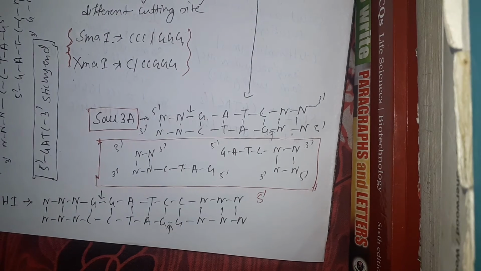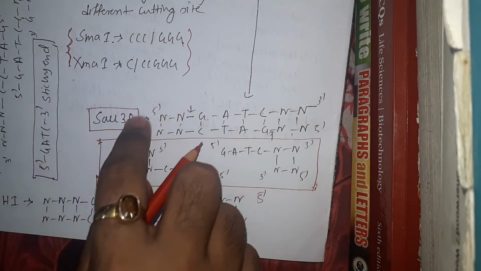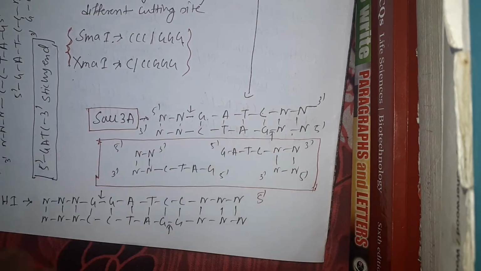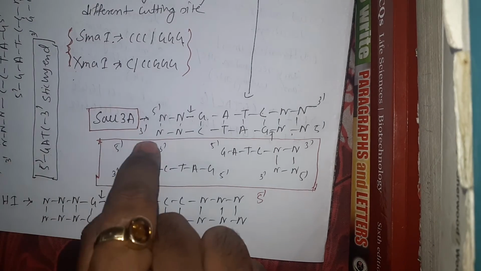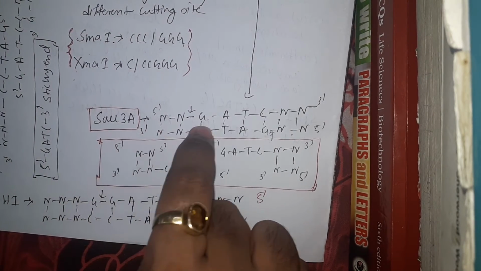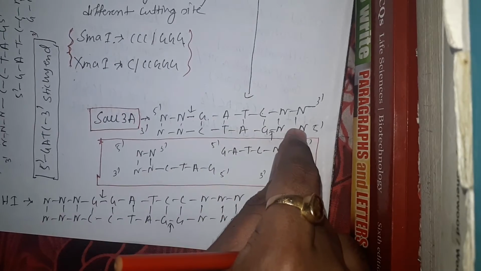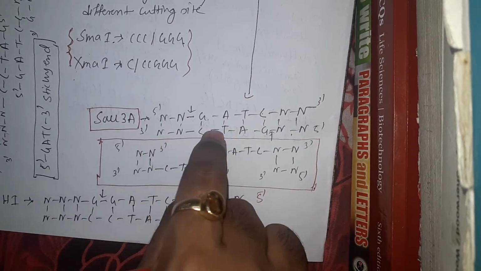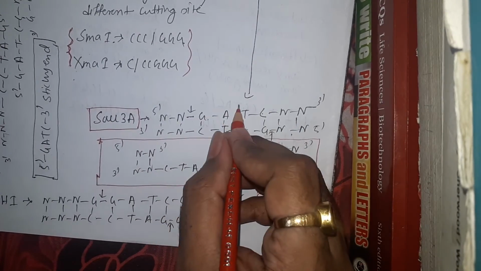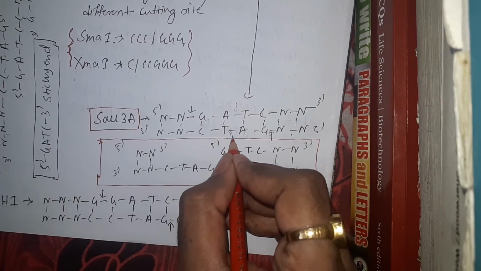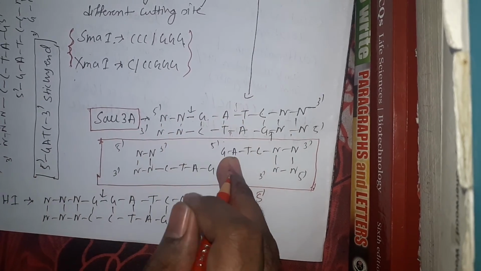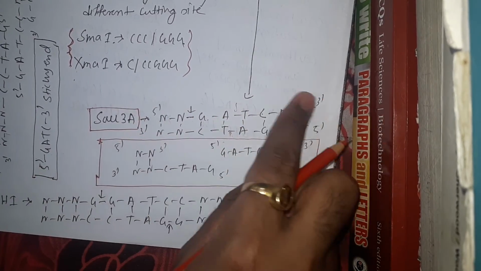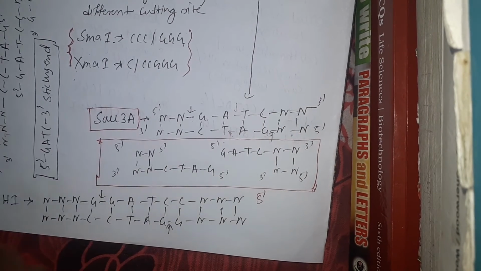Why is this a sticky end? Because they do not divide this restriction site into equal parts. If the enzyme were blunt, in 1 2 3 4 5 6 7 8, if it made the cut here, then your restriction site would be divided into two equal fragments, and then you could say that it generates a blunt end, but here that is not going on.